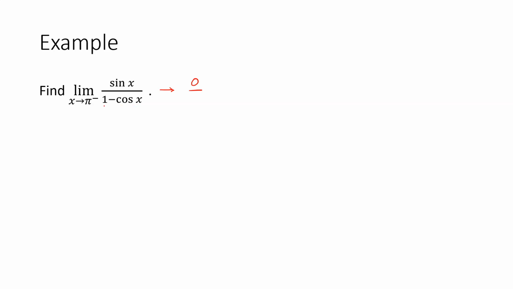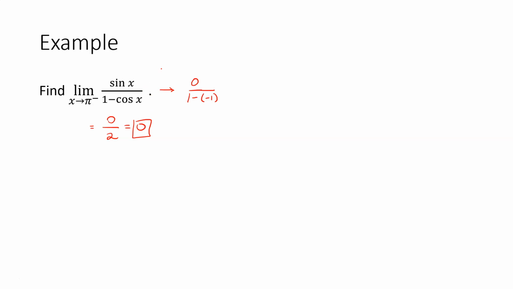So this will be 1 minus -1. Now it's not actually in an indeterminate form. So if you're careful, we actually don't need to use L'Hopital's rule. In fact, we should not use L'Hopital's rule here, because this gives us 0 over 2. So we know this will be 0. That's the answer, right?